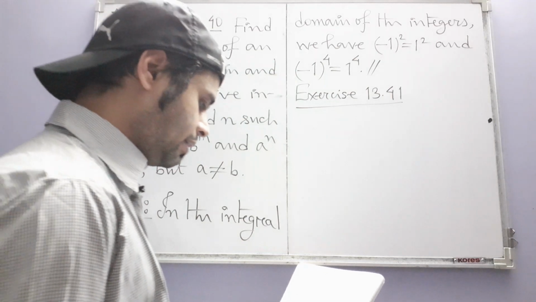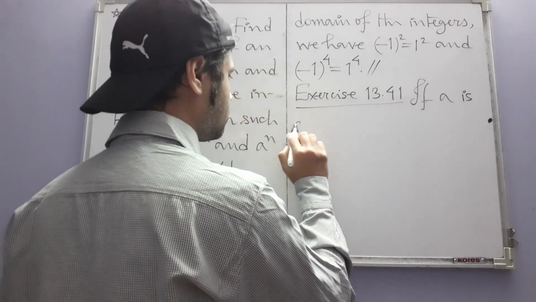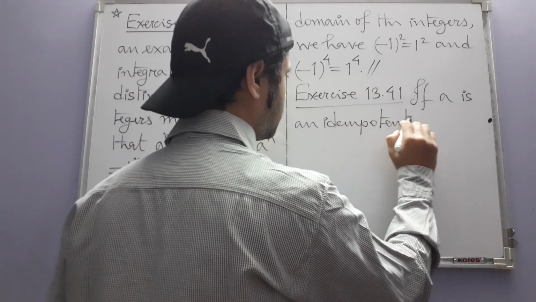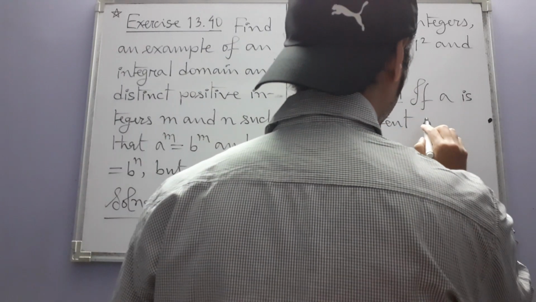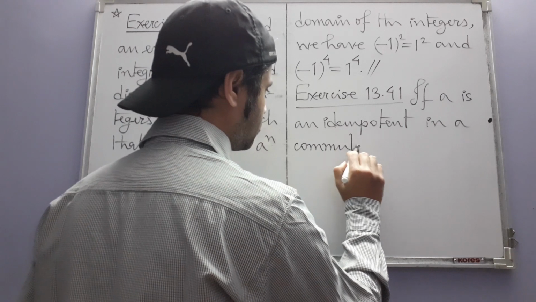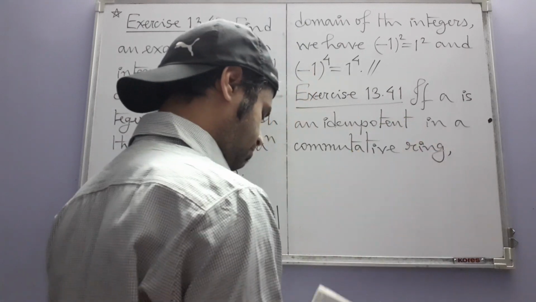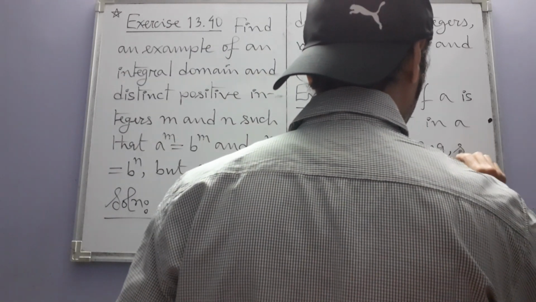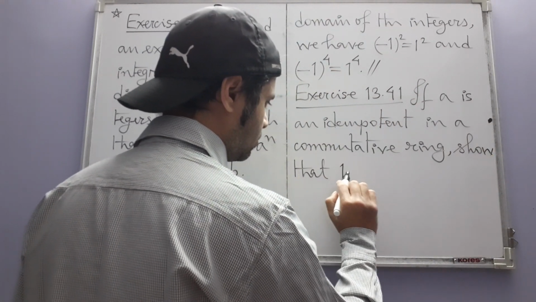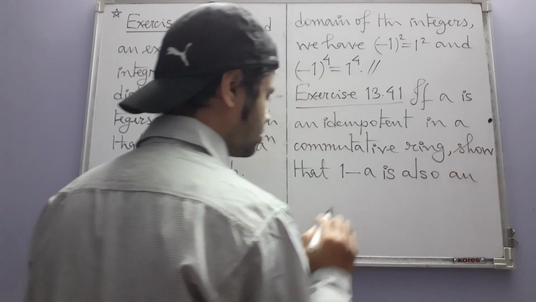if A is an idempotent in a commutative ring, show that one minus A is also an idempotent.